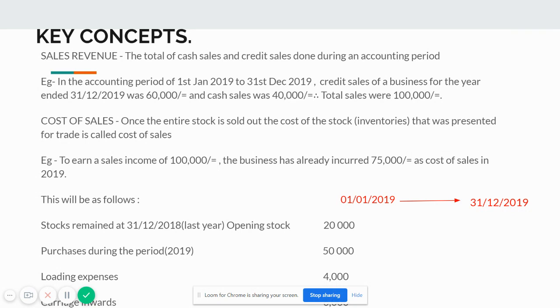Therefore, the total sales of the business will be 100,000. So that is very, very easy. The sales revenue comprises the total of cash sales and credit sales.